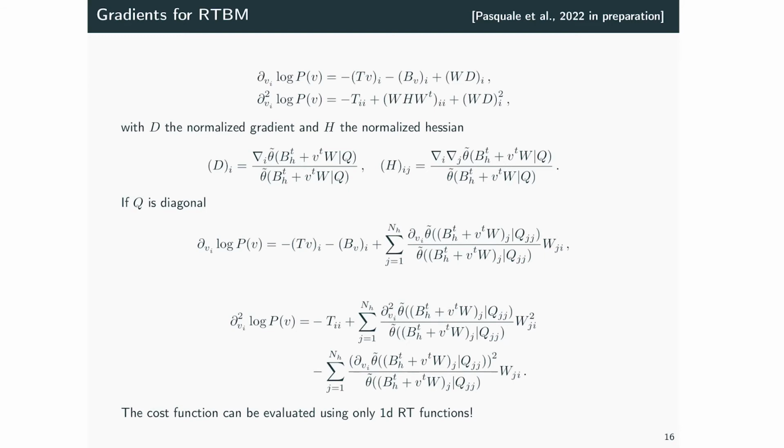As I already said, if Q is diagonal, we can bring everything to just one-dimensional Riemann theta functions. So the complexity when evaluating the cost function will now increase simply linearly with NH, the number of hidden nodes, and no longer exponentially with the number of hidden nodes.